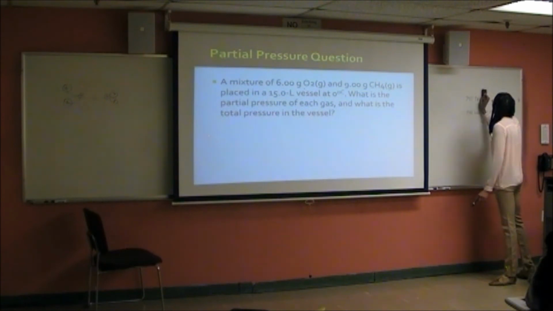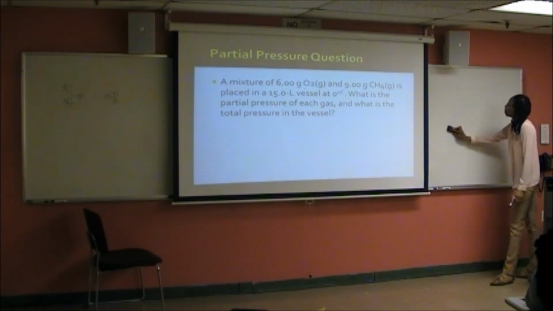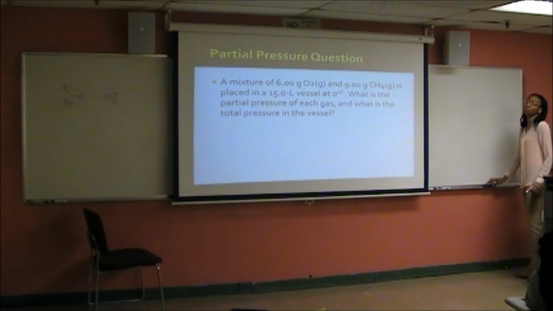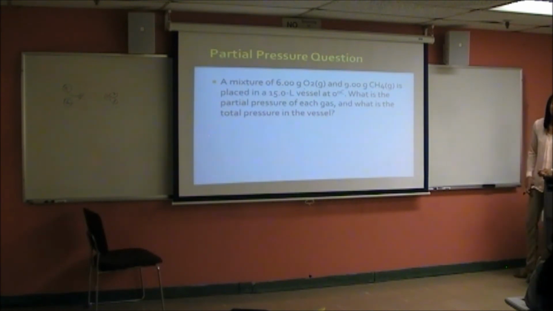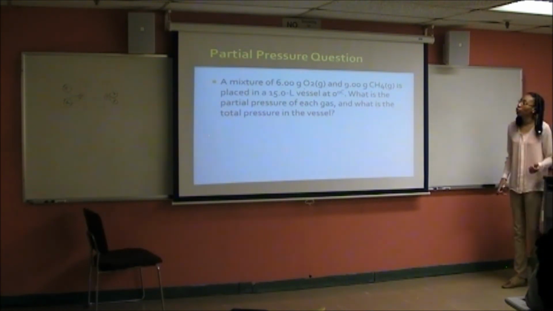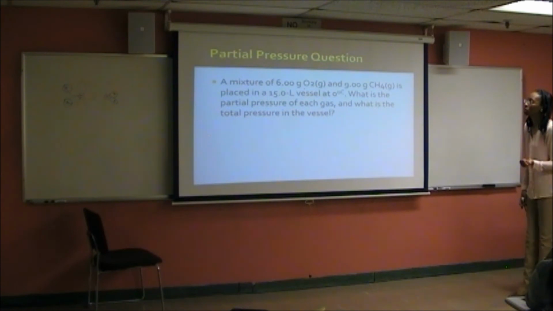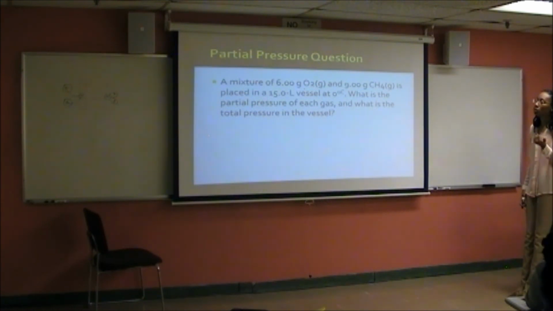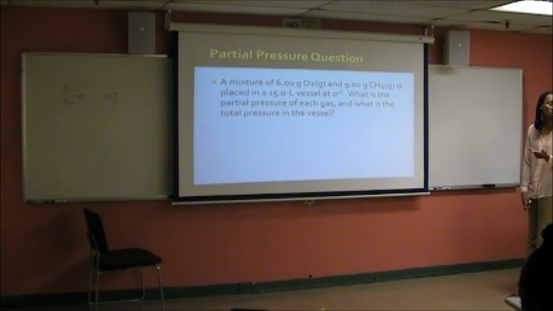So this is partial pressure. What information do they give you here? Mass of oxygen, mass of methane. They give you liters, they give you temperature. They give you mass, what can you find with this mass?